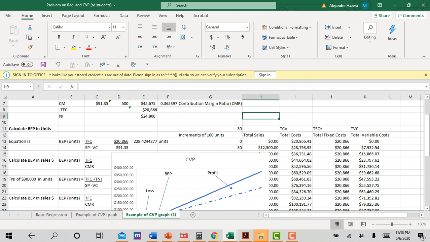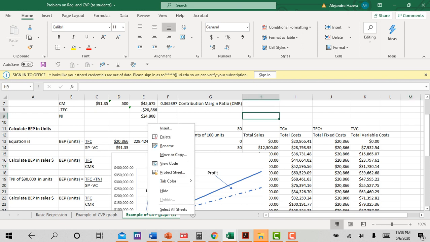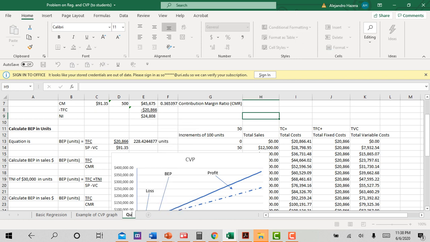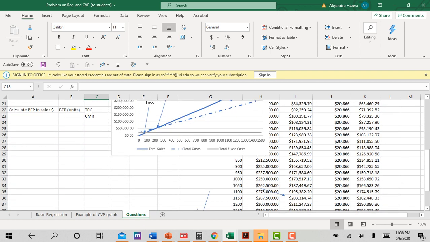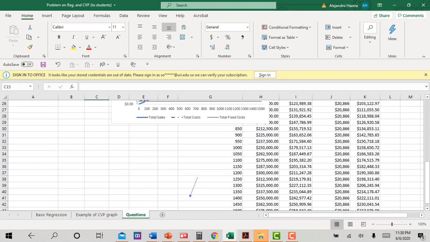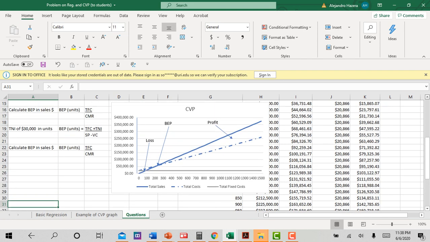So there's a copy, and I'm just going to ask a couple of questions here, and I'll rename it Questions. That's where my arrows went. I'll ask the questions right down in this zone here, and just do some what-if analysis.